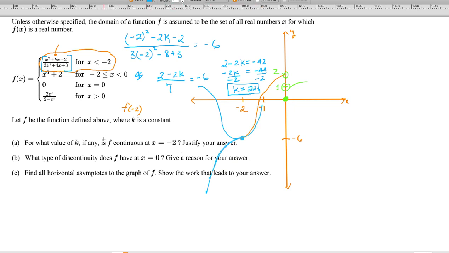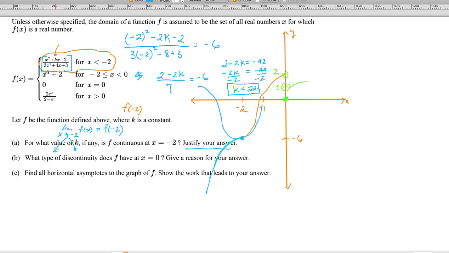The way you can justify your answer is you could say the limit as x goes to -2 of f of x equals f of -2. That's the definition of being continuous at -2. Then you could say the left-hand limit approaches -6 and the right-hand limit approaches -6, so both limits exist. You could split this up and write that out, and that would be justifying your answer for k being 22.